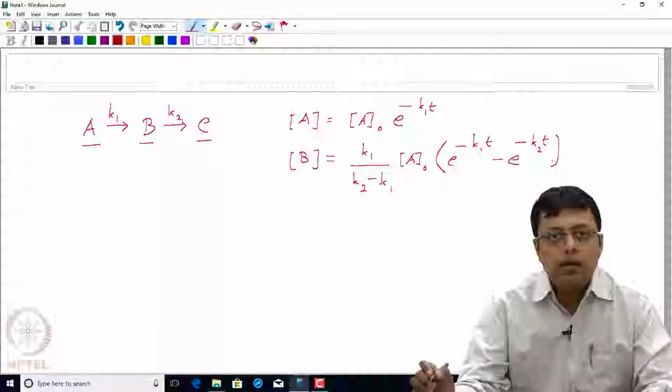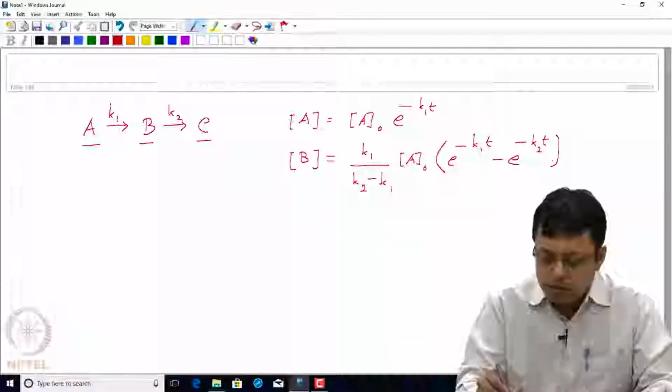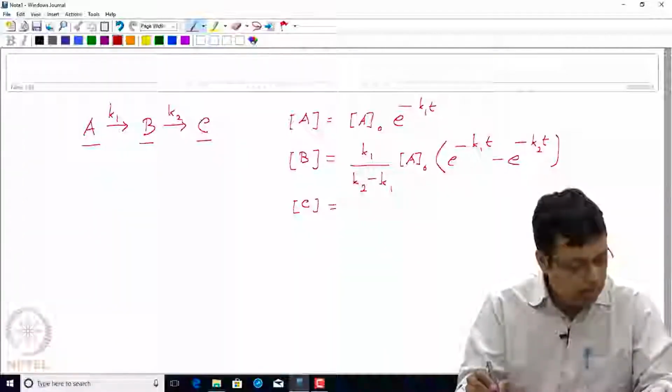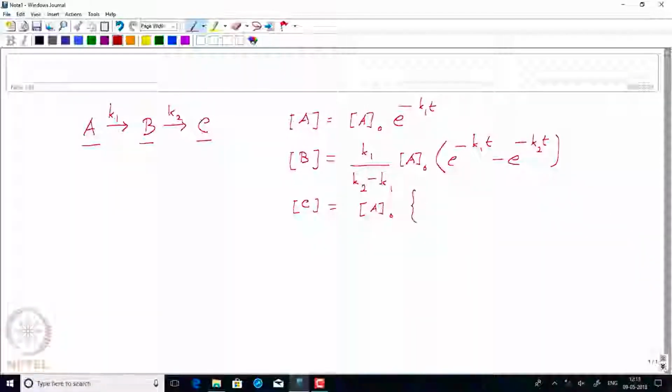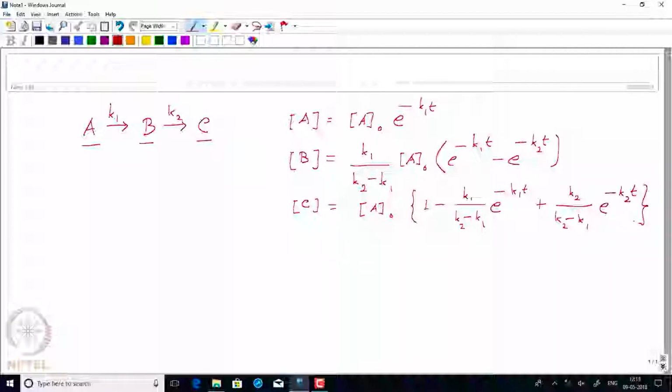Similarly, you can also get an equation for C, which will be something like A0 times 1 minus K1 by K2 minus K1 e to the power minus K1t plus K2 divided by K2 minus K1 e to the power minus K2t. So, these are the solved solutions of the differential equation. These are the integrated rate laws.